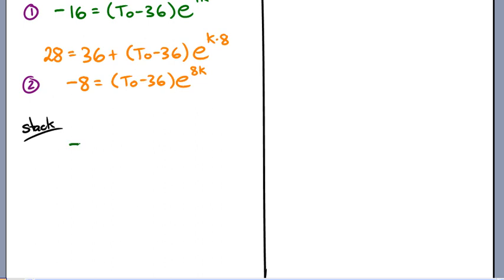You could say, all right, negative 16 is equal to this. I really want that T naught. e to the 4k. And I'm going to stack that up on top of the other one.